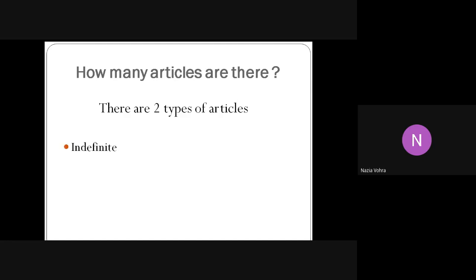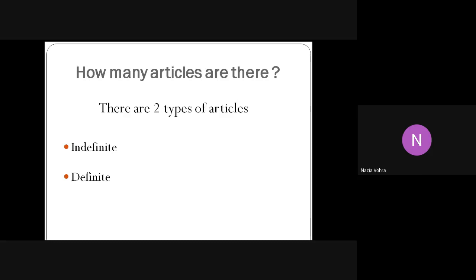One is the indefinite article and the second is the definite article. When we say three, they are three articles, not types. Now A and AN are articles which are used only for the singular form, but the definite article is used for singular and plural both, but we will see that in detail later.